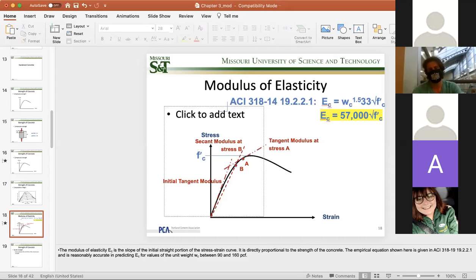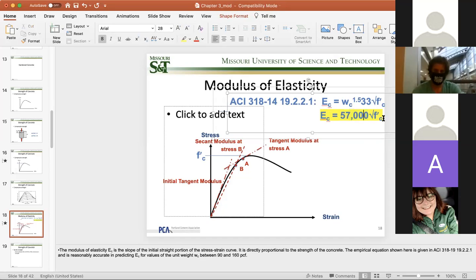I want you to pay attention here, class. The unit for Young's modulus is in terms of stress. So when I use this equation, I have to use the unit for f'c in terms of psi, because the square root of psi gives you a unit of square root of psi, and this 57,000 already has that square root of psi unit embedded.